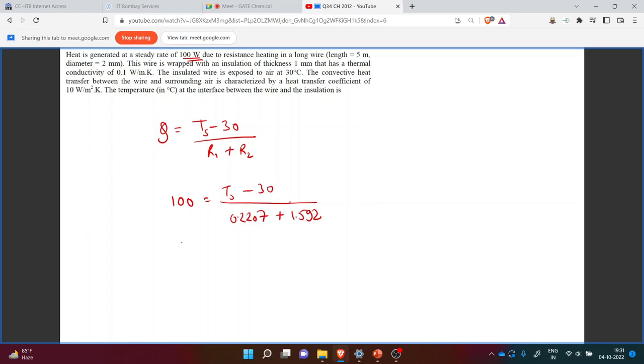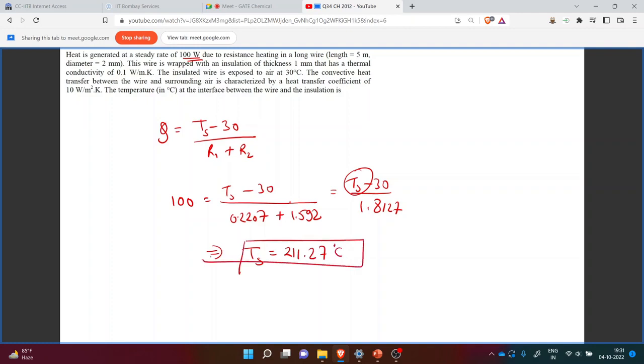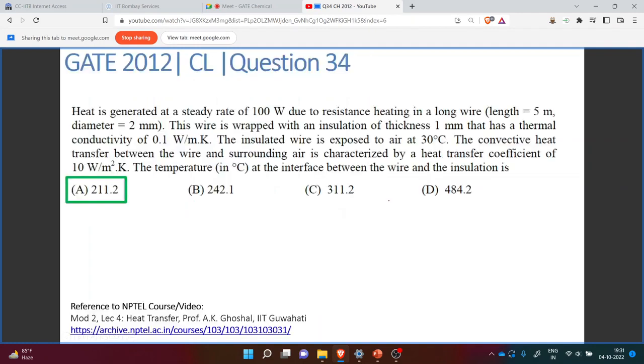So from this we get Ts minus 30 upon 1.8127. You can solve this for Ts, and you will get the temperature at the surface as 211.27 degrees Celsius. So the final answer is 211.2 degrees Celsius. That is option A.